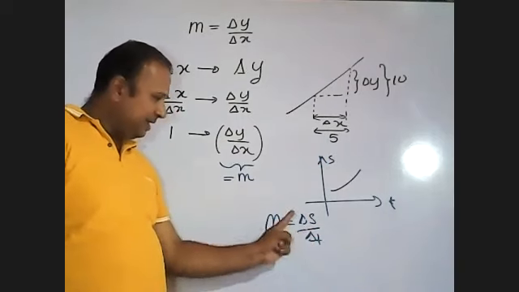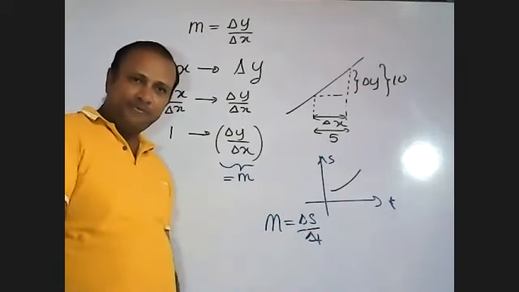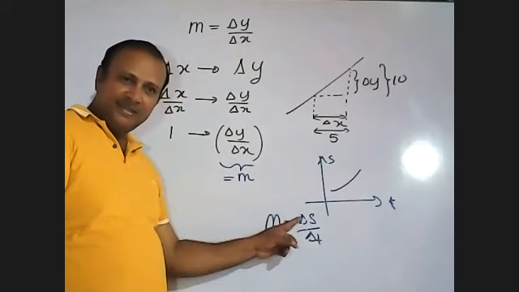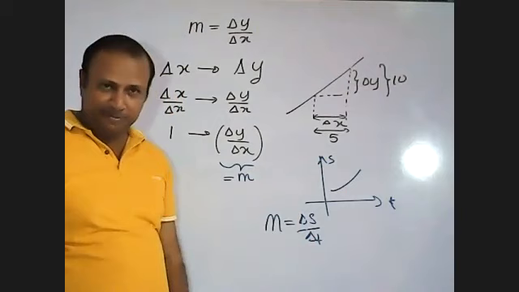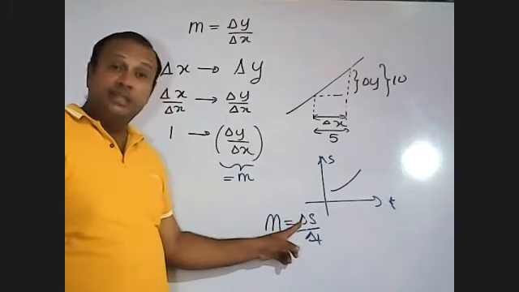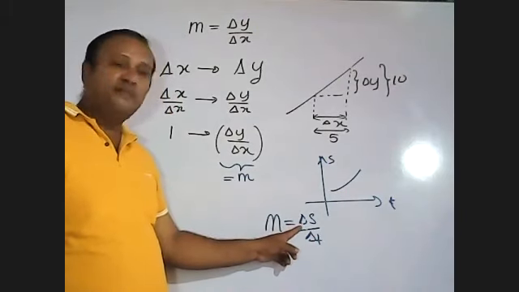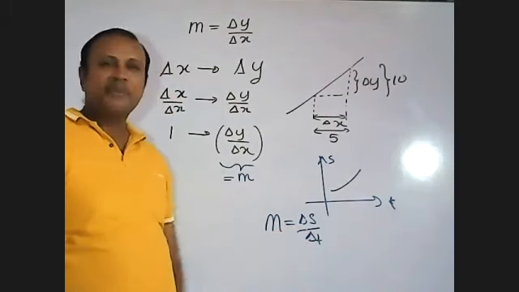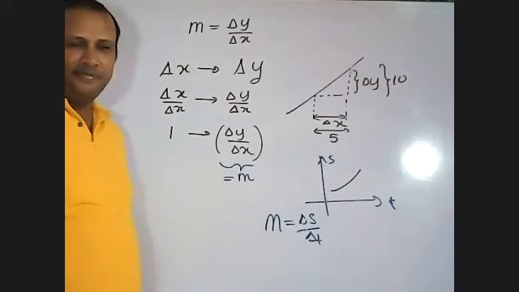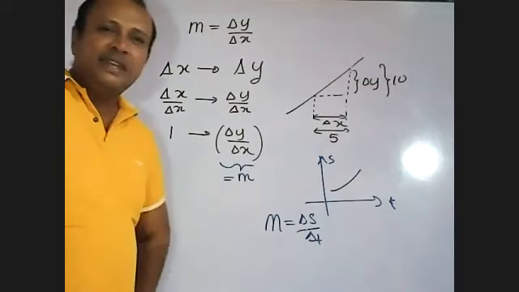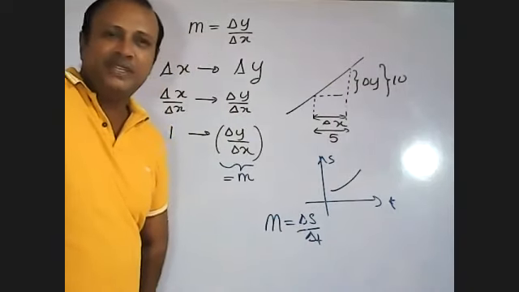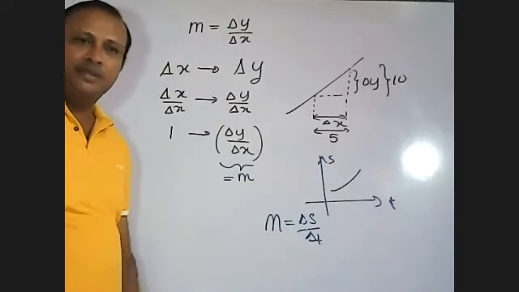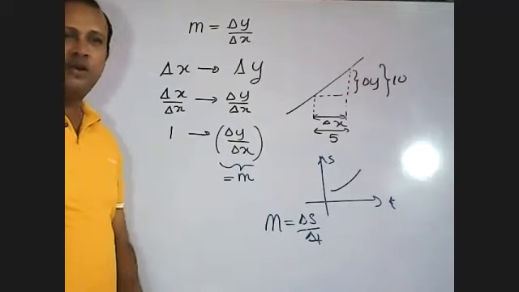That means how to describe the gradient. The difference in displacement per unit time is called velocity. The difference in displacement per unit time is equal to the velocity.